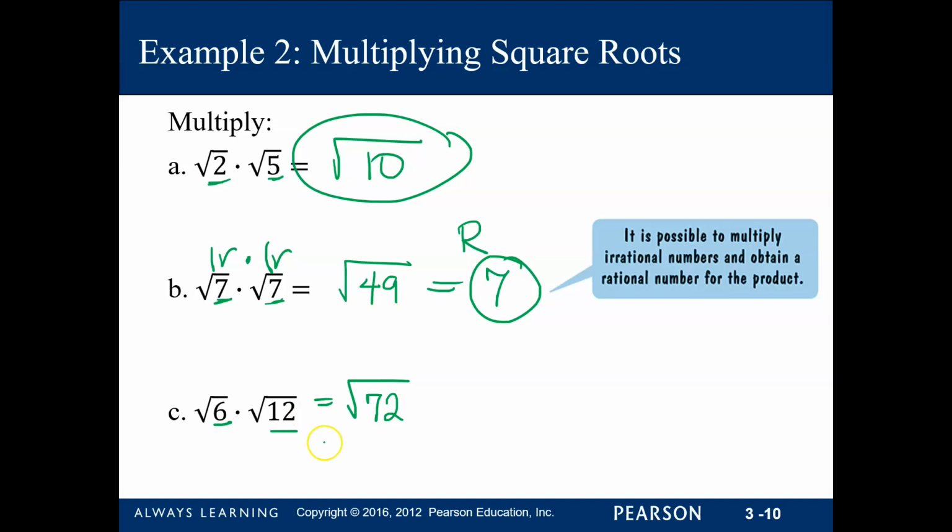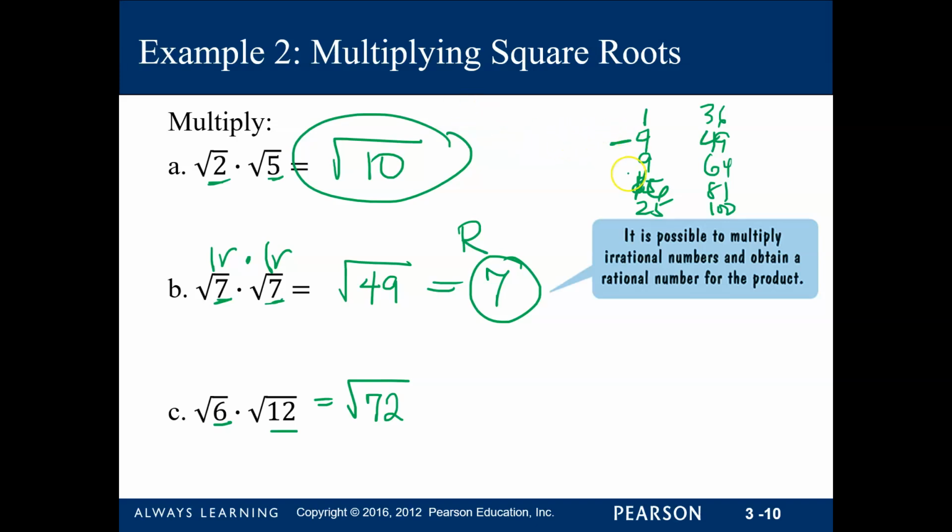Now, let us simplify 72. Again, think about our perfect squares. 1, 4, 9, 16, 25, 36, 49, 64, 81, 100. Which of these can divide 72?